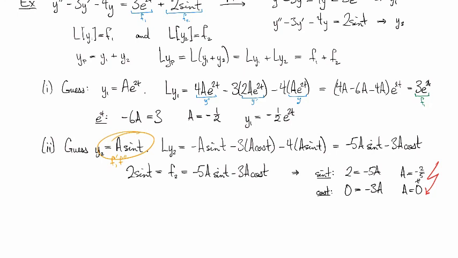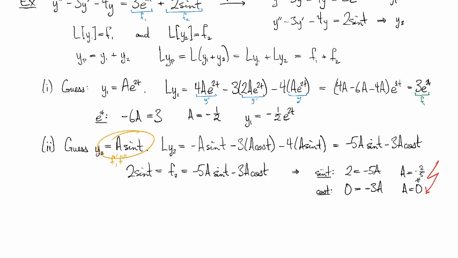So what I said on the previous clip was that we should take those into account. So I had a poor guess, so I have a revised guess now. Let's take y2 to be A sine t plus B cosine t, and see if we do any better.